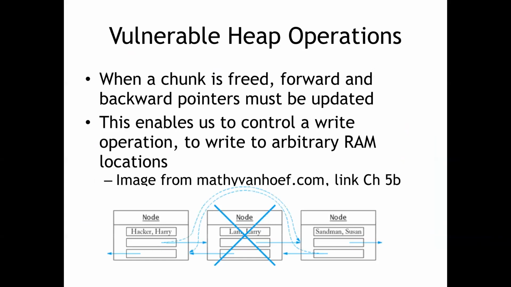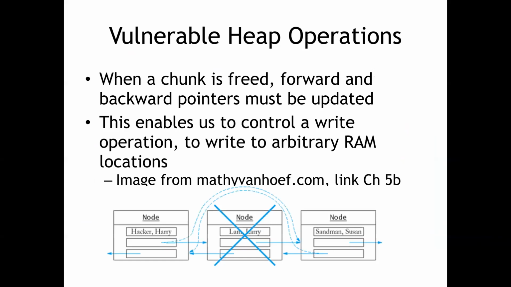And the write operations have to write to an address that is in this node and from data that came from the other node. And the point is, if you are able to overflow the data here, you're able to control values here that affect a write operation. And you can control both the address that's written to and the value that's written to it. That's what we typically get with a heap overflow.